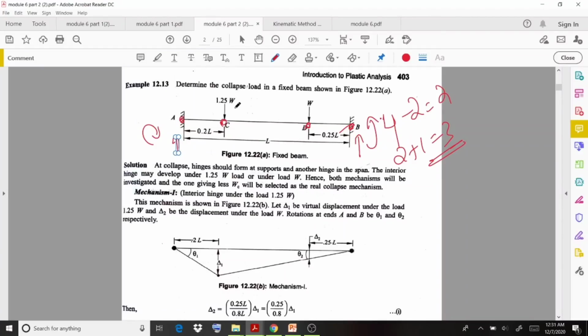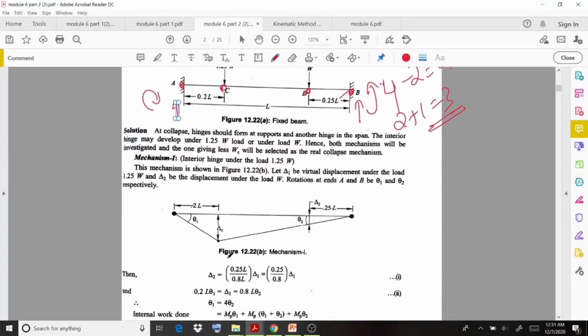The first case we consider is under the 1.25 W load. What will the WC value be? So this is the condition, and you need to calculate using similar triangle laws and equate those values.